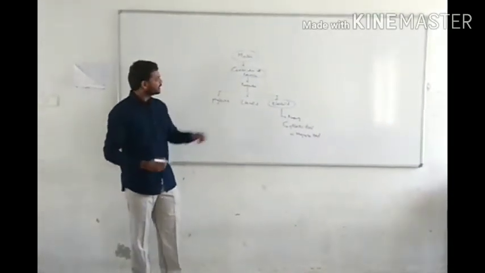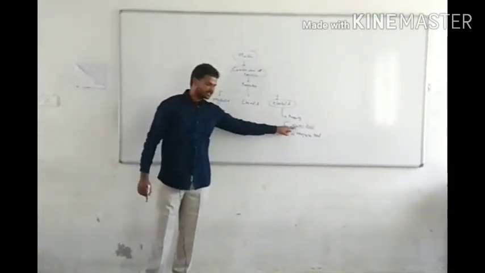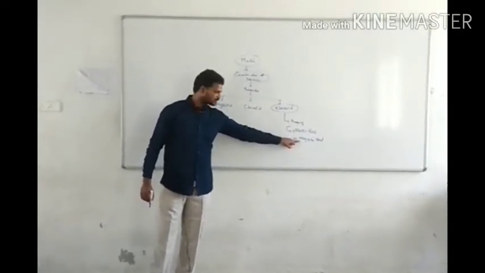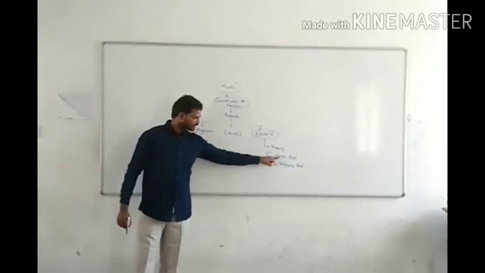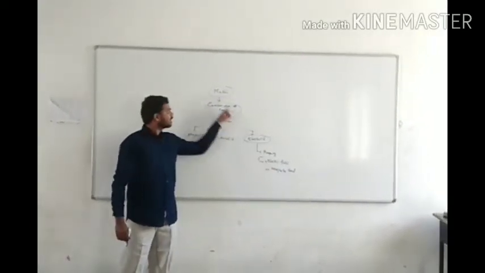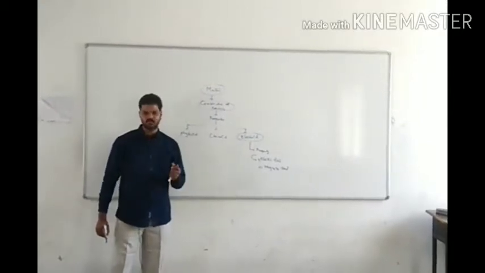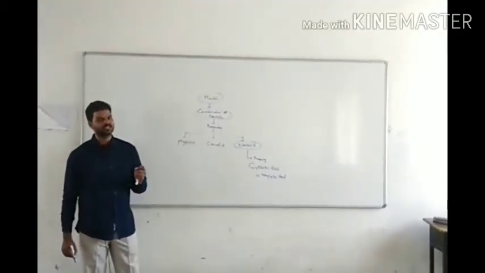That means if the matter is associated with both electric as well as magnetic field, and also the influence of electric and magnetic field is felt on the matter, then the property is called electrical property. Remember, this point is very important.